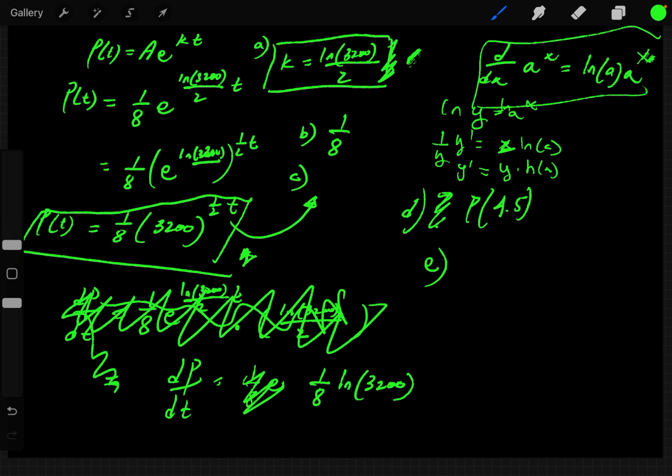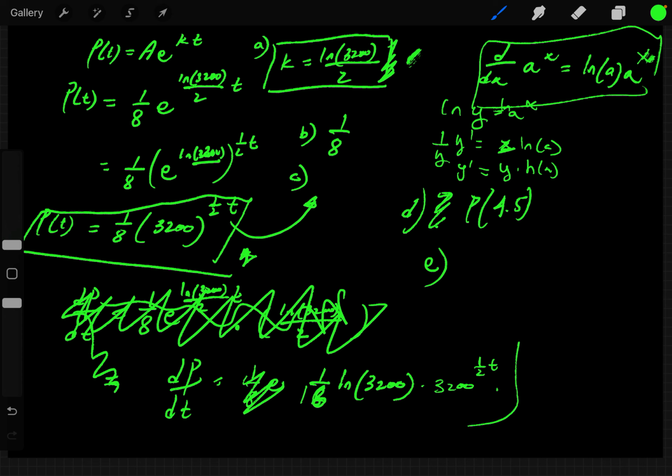Okay, so it's this one. That's good. That means this is a to the x, so the derivative is ln a times a to the x, which is 3200 to the 1/2 t, times the derivative of that, which will be 1/16.